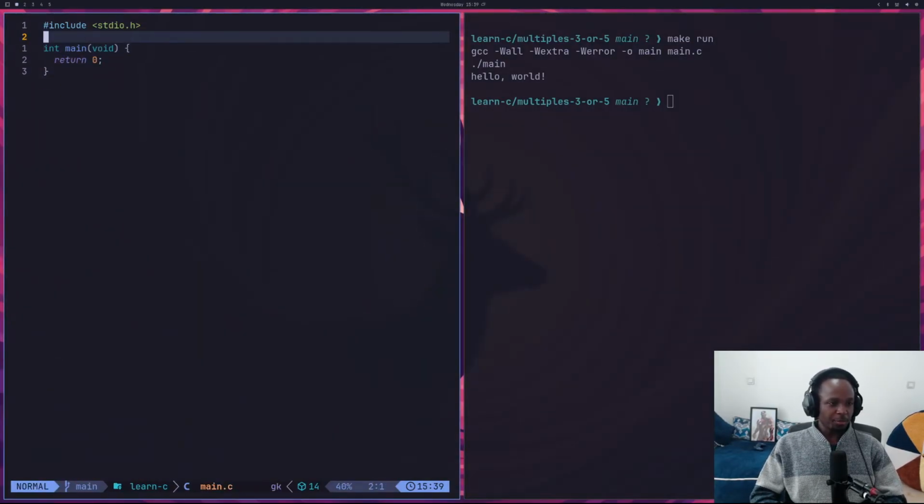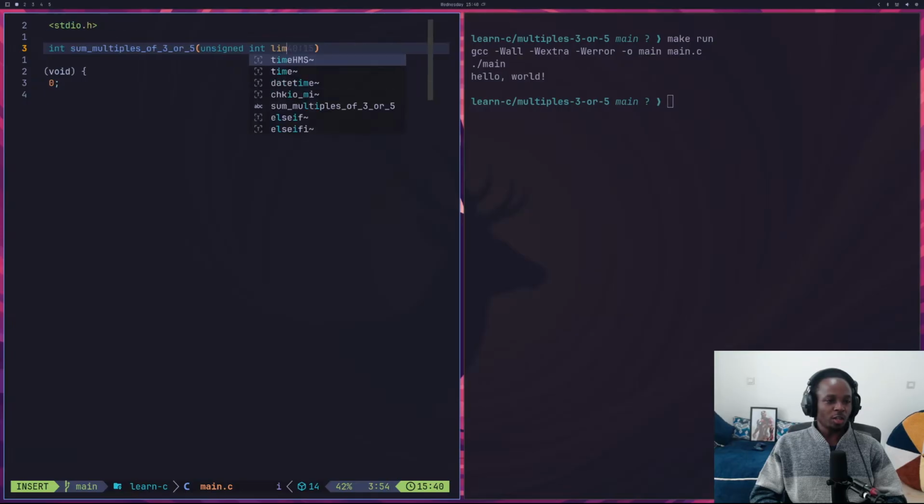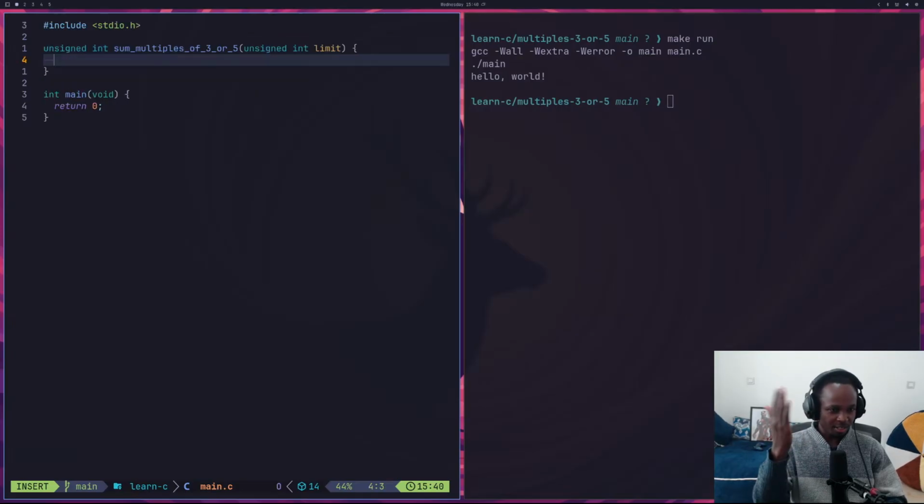For the brute force implementation, we're going to call the function sum_multiples_of_3_or_5. It's going to be a long one. Let's have it return an unsigned int, and it's going to take another unsigned int, which we are going to call the limit, which is 1,000 in this case.